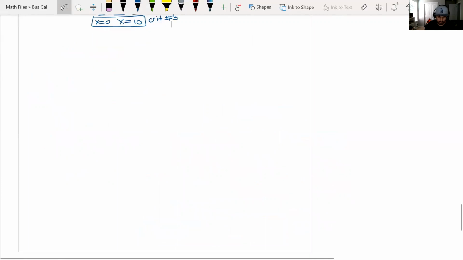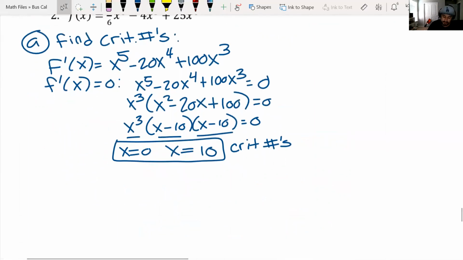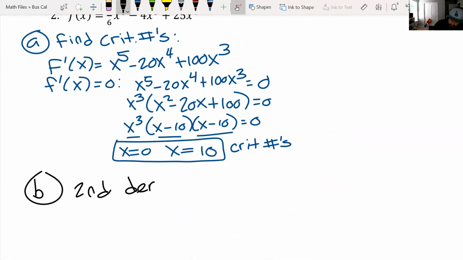Hey, we still have room. Perfect. Okay. B, now find the second derivative. B, we're going to use the second derivative test.